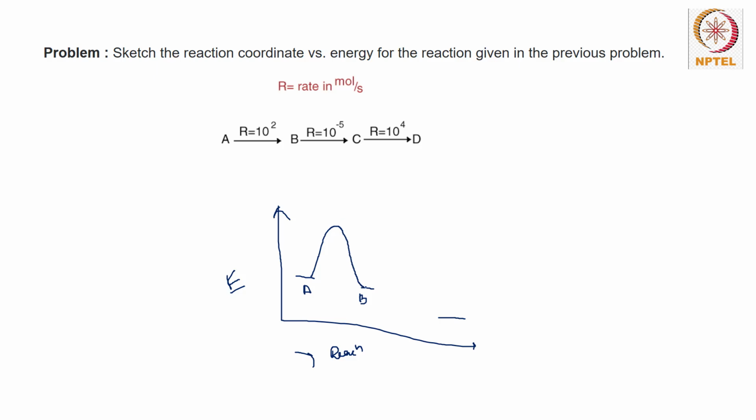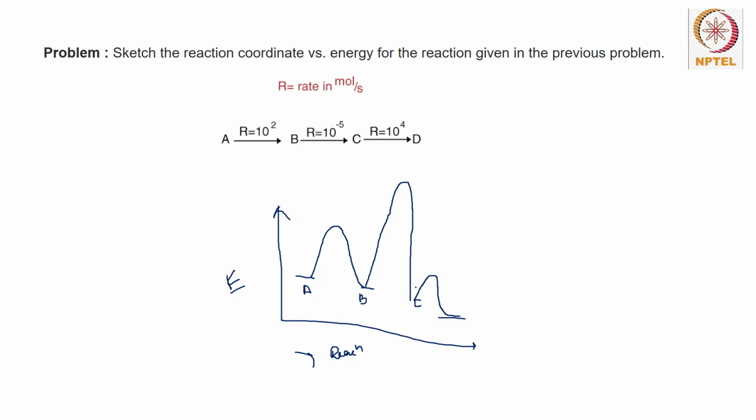So you need a high amount of activation energy, a very high amount of activation energy. But C to D is very less. So you need a very small amount of activation energy.